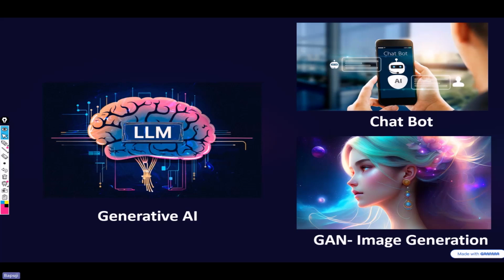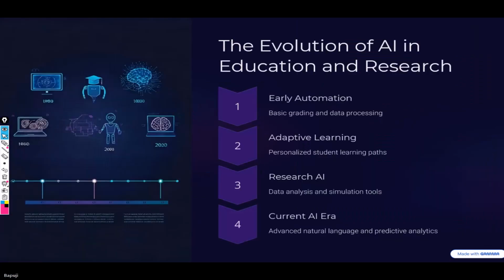These are some of the famous products, and there are Indian products also. Most of the models behind them are very similar. I am not going to talk much about the technical background for now.